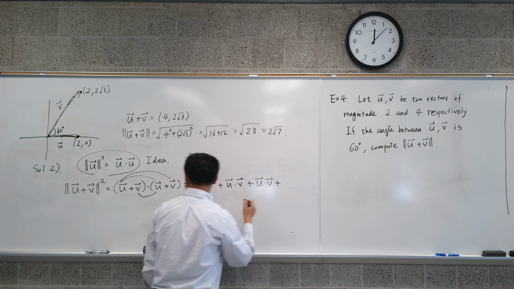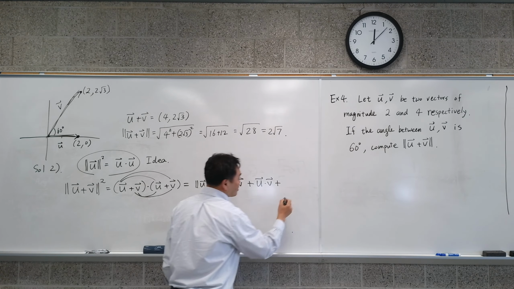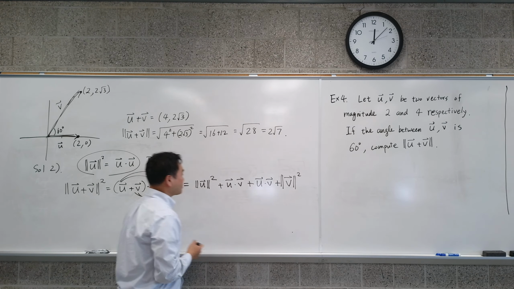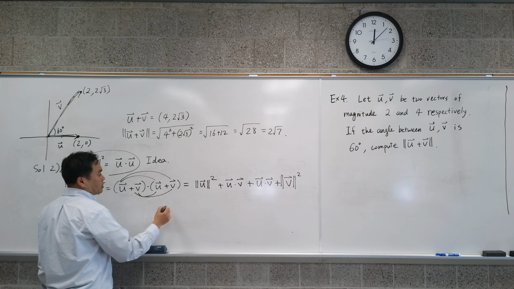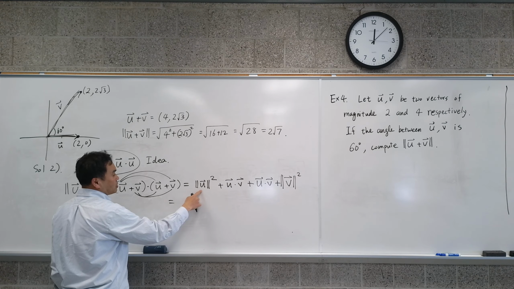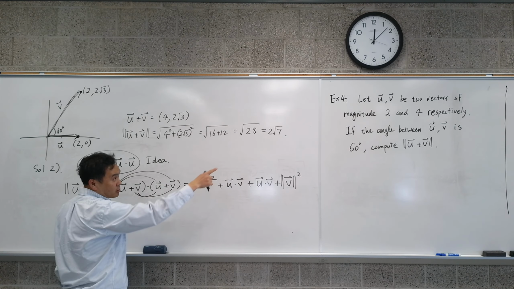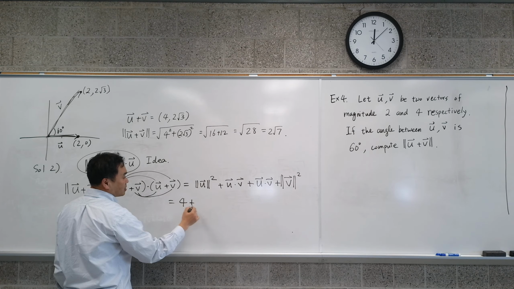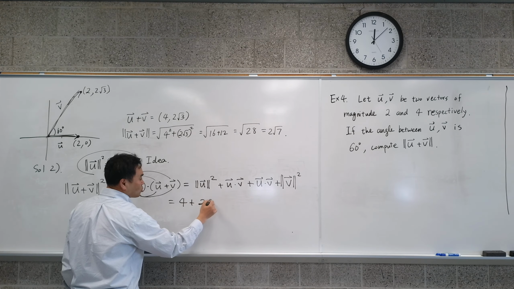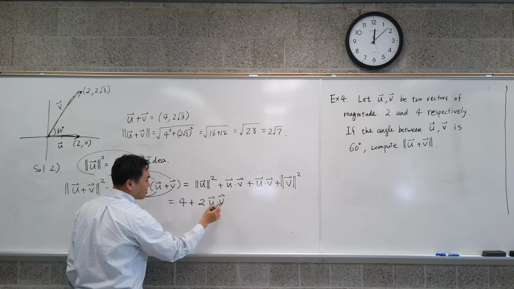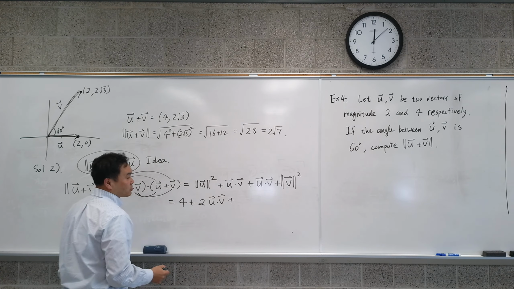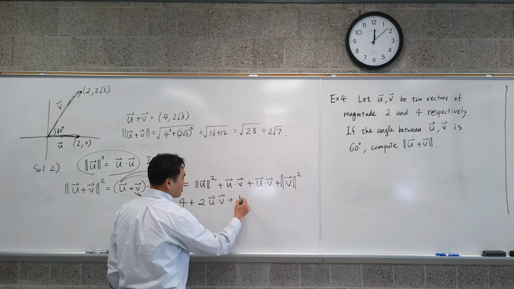And then you have v dot v, which is norm of v squared. And this is going to be, well, the norm of u is 2, that's what it's given, so 2 squared, that's 4. You have 2 times u dot v, let's leave it like that for now. The norm of v is 4, so you get 4 squared, which is 16.